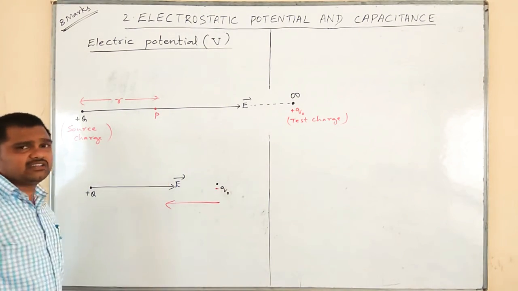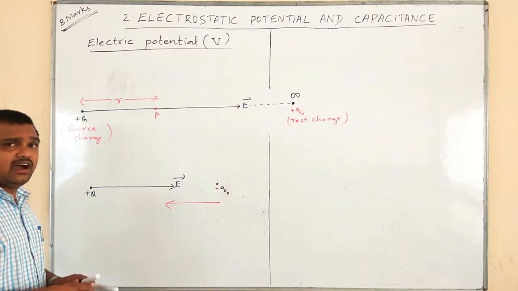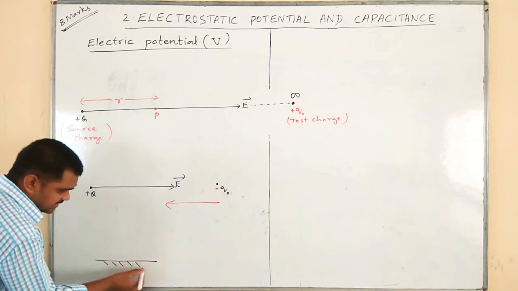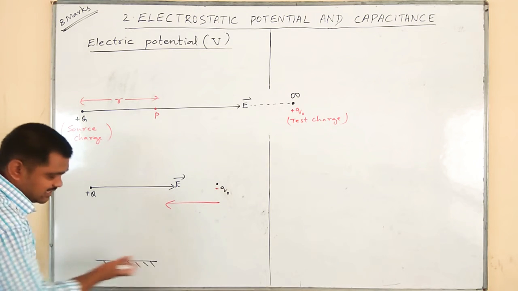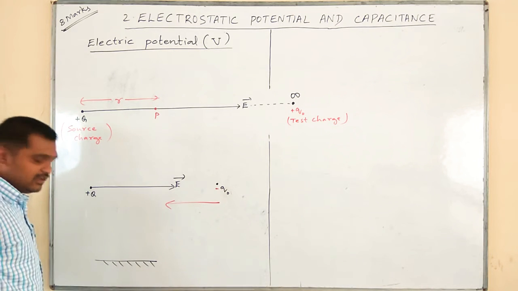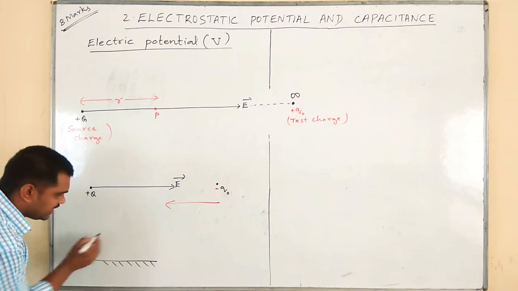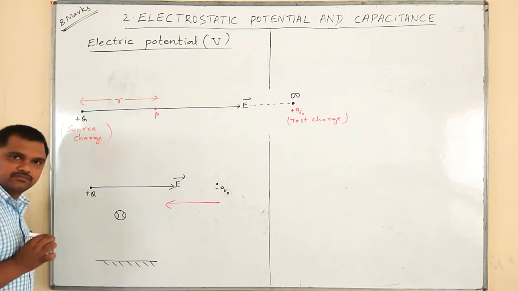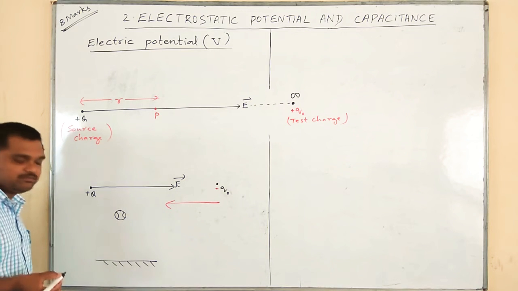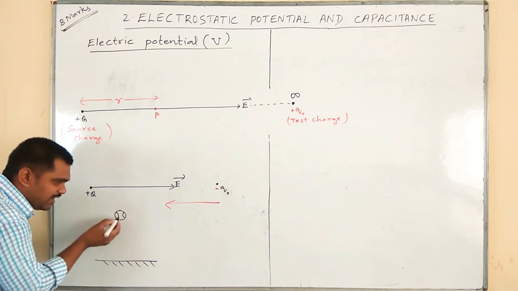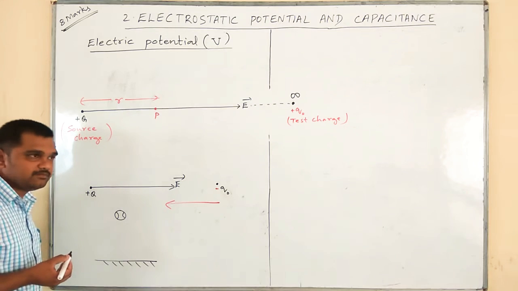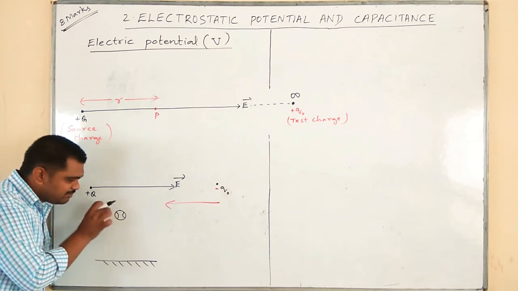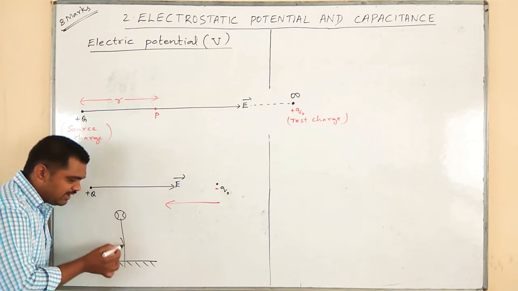Otherwise, the concept of gravitational field and gravitational force says that suppose there is some reference level, just like ground level. Here is an object, for example, a tennis ball. I have to move this ball from this point to this point. No need to do the work, isn't it? Because simply if you drop this, it will fall.